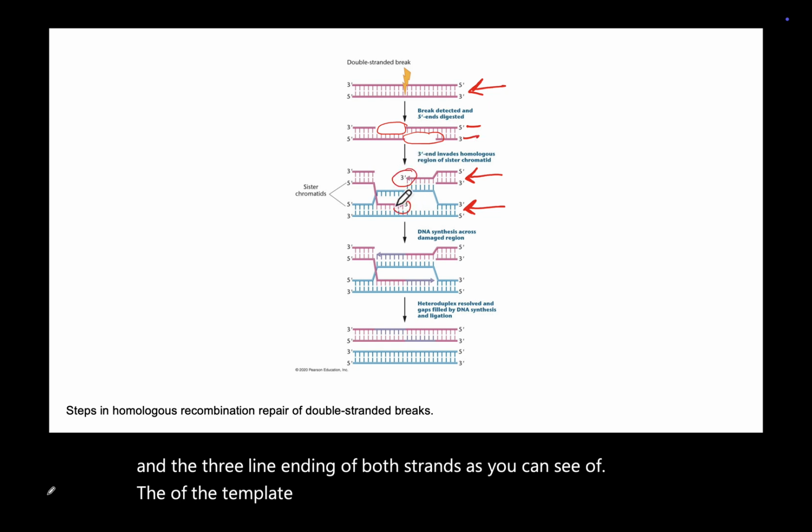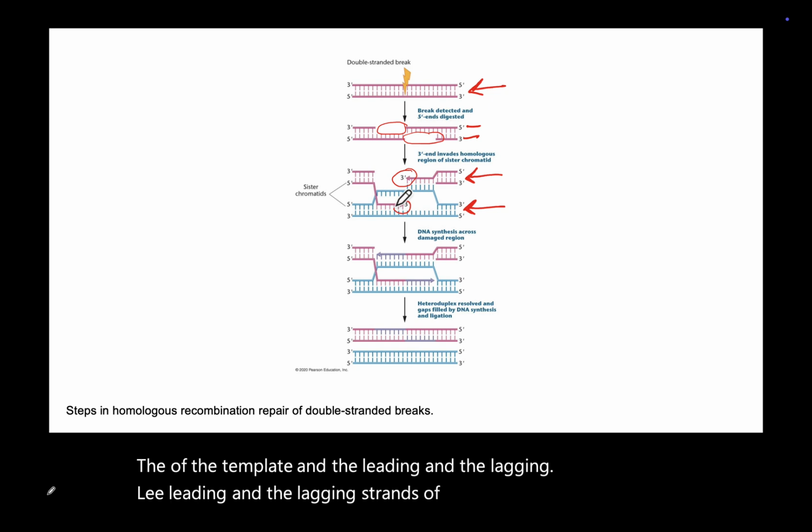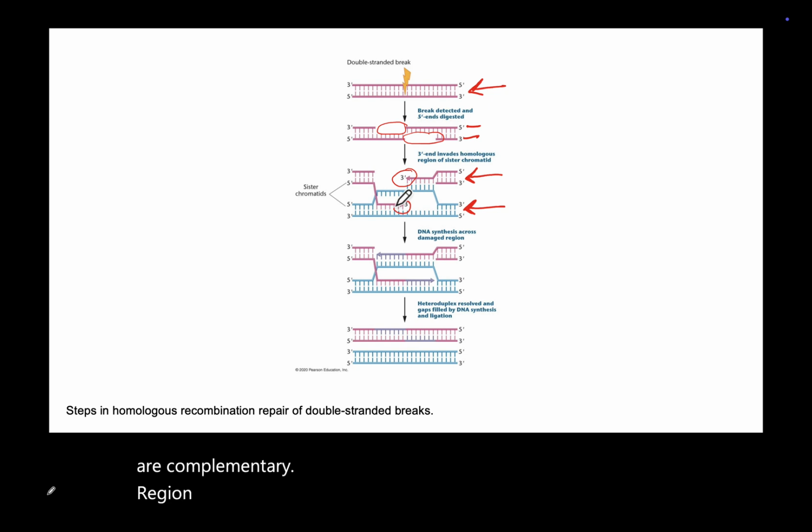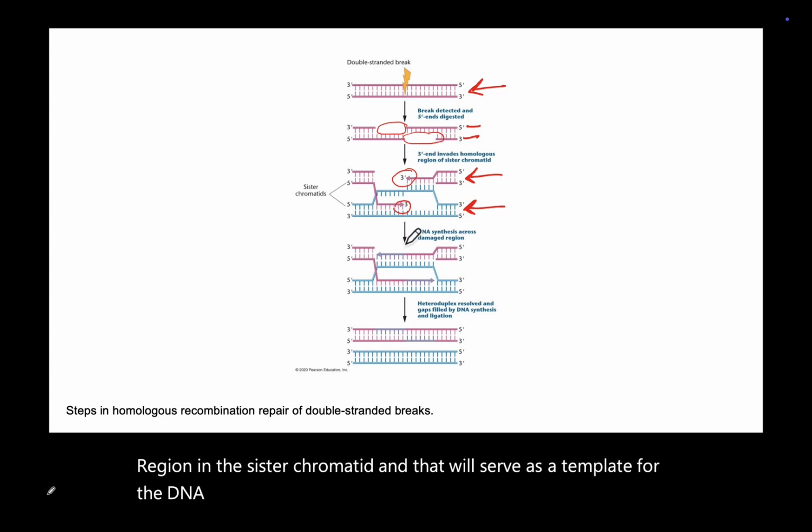Okay? And the 3-prime ending of both strands, as you can see, of the template and the leading and the lagging strands of DNA, okay, they will find their complementary region in the sister chromatid, and that will serve as a template for the DNA polymerase to come here and insert the nucleotides.